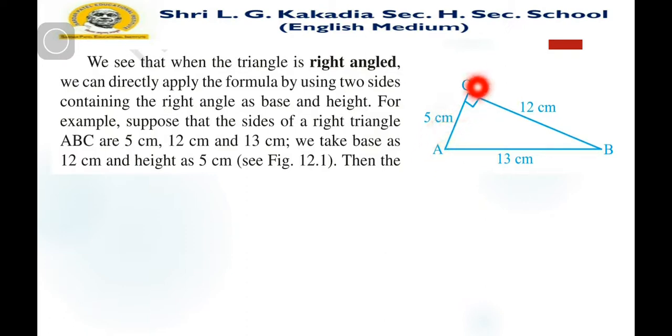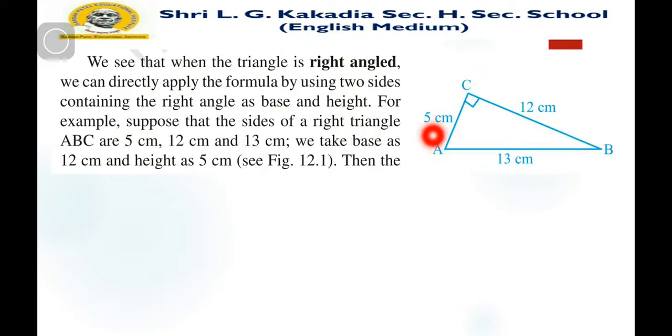We take AC as a height, or we can also take BC as a height, because BC is perpendicular to AC, so it will be the height of this triangle, or we can take height as AC because it is perpendicular to BC. So in a right angle triangle we can take one of these sides as a height and one of these sides as a base, except the hypotenuse.